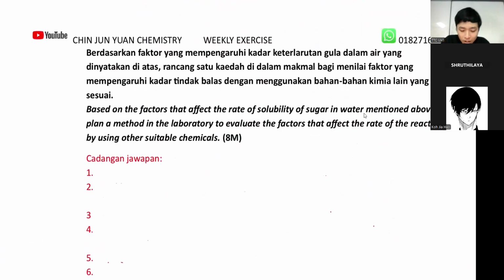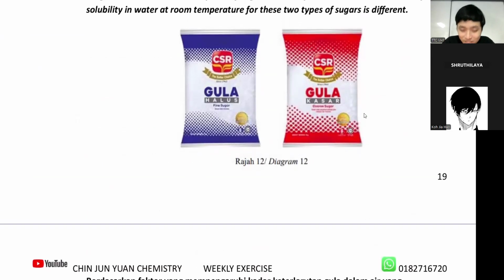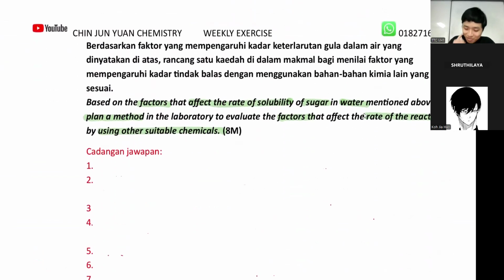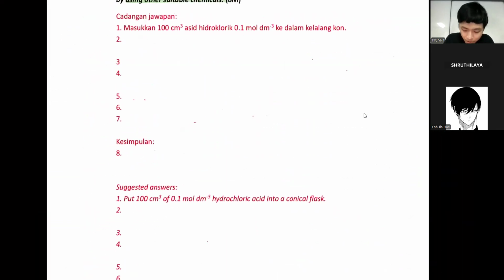Based on the factors that affect the rate of solubility of sugar in water mentioned above, plan a method in the lab to investigate the factors that affect the rate of reaction by using other suitable chemicals. So what can you do? The suggested answer number one, they put acid.